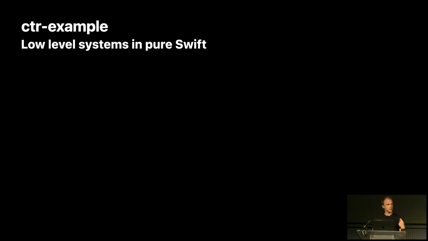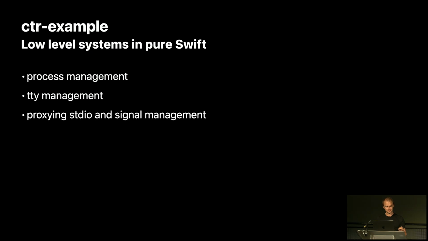It proves that Swift's kind of ready for some low-level Swift programming. You know, if people are like, oh, I can't do that, it's for this. I think that's wrong. It's good for lowest level systems programming on macOS as well as Linux. We're doing it on both sides here. We had to do process management. We had to do terminal management, proxying standard I/O and signal management across a machine boundary.